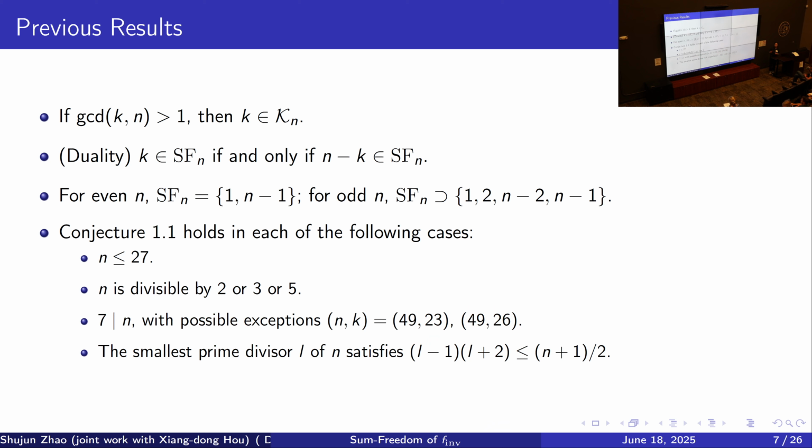So the conjecture is relatively hard when n is a prime power. Also, if we take L to be the smallest prime divisor of n such that L minus 1 satisfies this equation here, then the conjecture is also true.